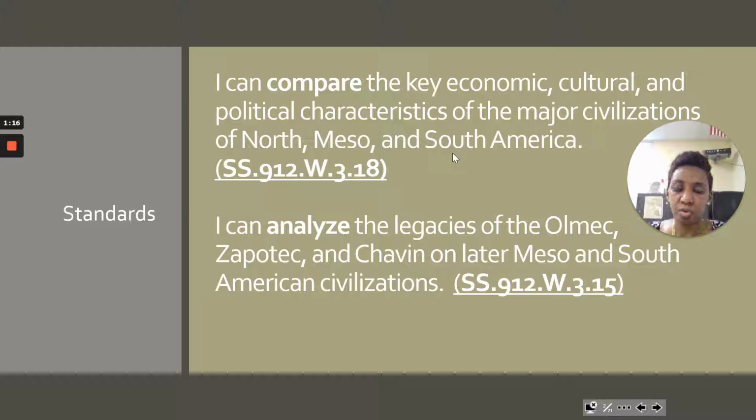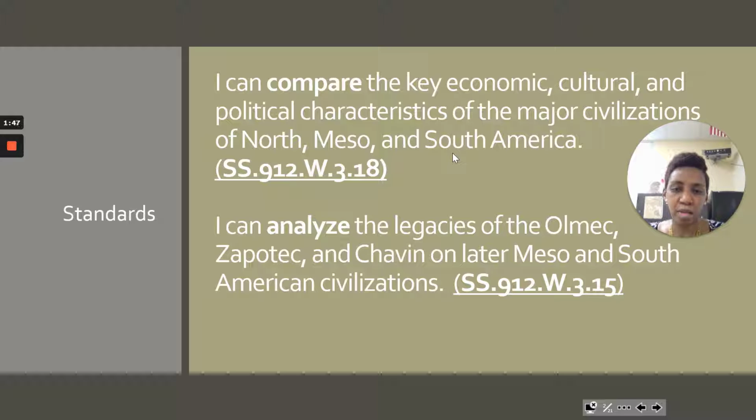If you're able to do your project well and have that persuasiveness about your empire, that in itself is making that comparison and looking at the various empires to see which one stands out the most in terms of their economic, political, and cultural characteristics, right?